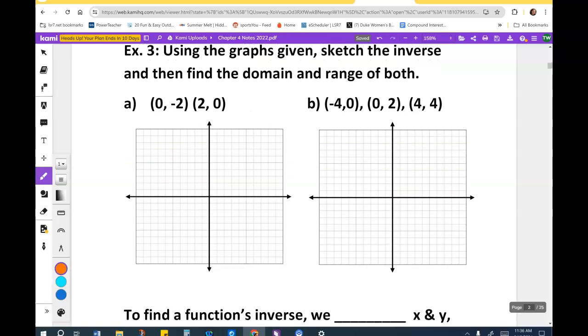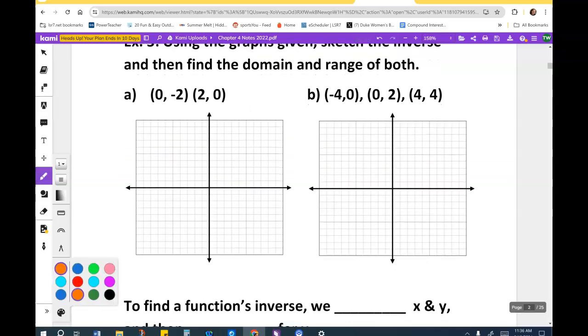So for this one, my y equals x line goes through here. That's the line over which it reflects, y equals x. And my original line has the points 0, negative 2 and 2, 0.